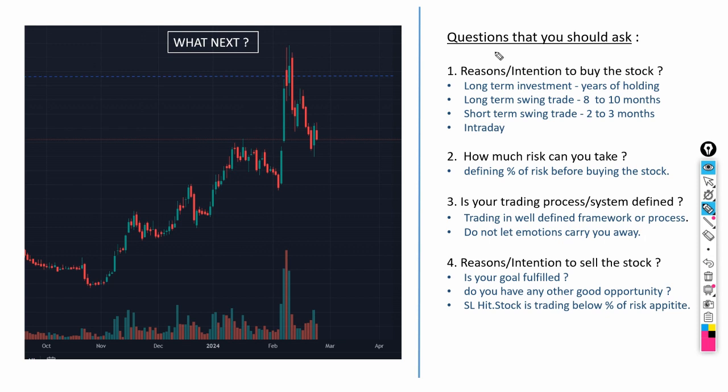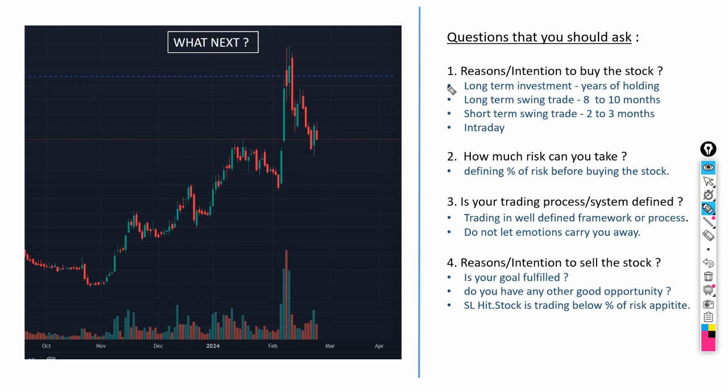Having a clear state of mind or a clear thought process before taking a position is very crucial in trading or investing. Okay, and these questions are going to help you have clarity. These questions might seem very basic, but if you ask them to a few people, you will realize that most of them will not be able to answer them.